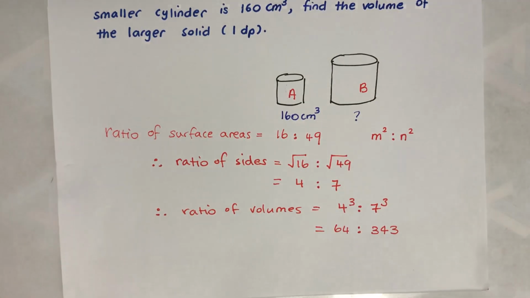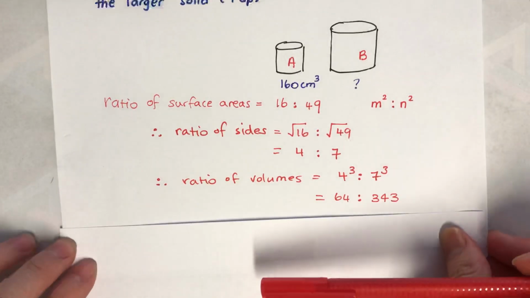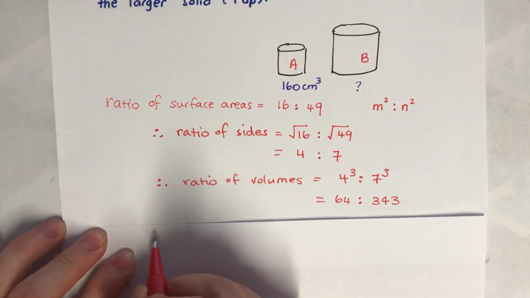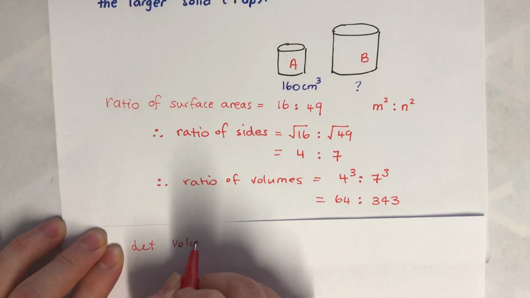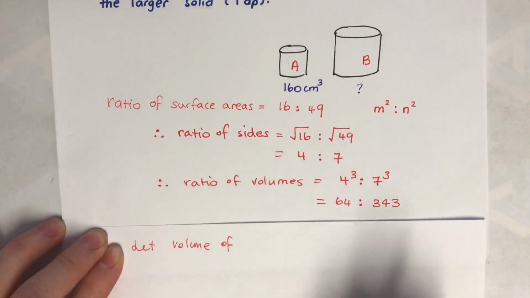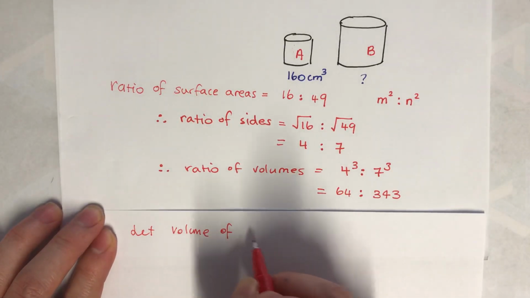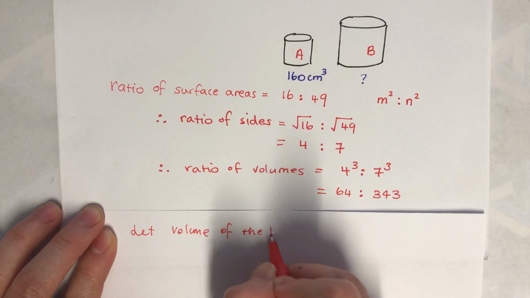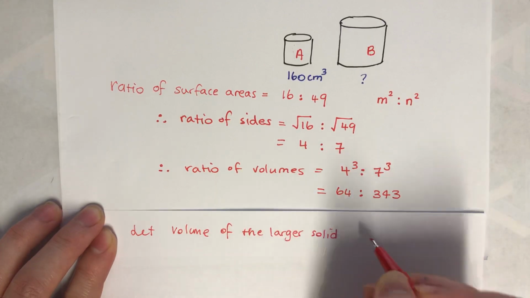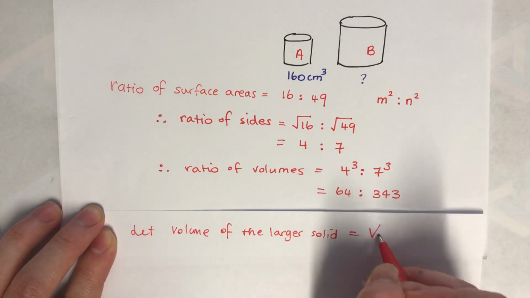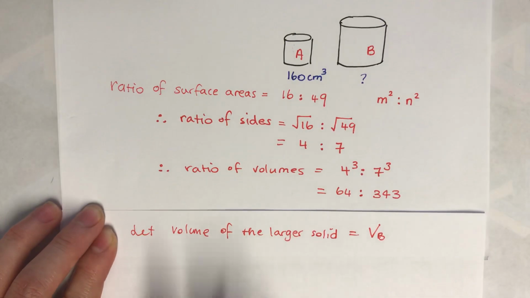So what we've got here is, let the volume of the larger solid equal VB.